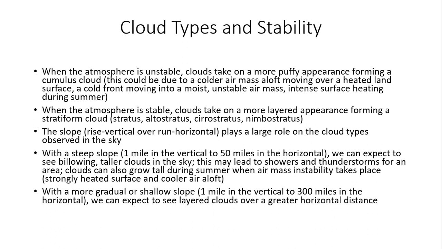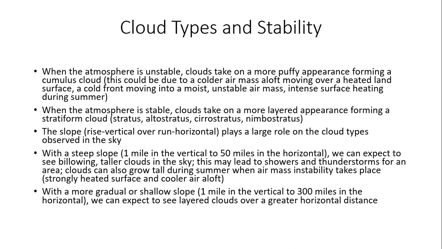The instability can also be caused by a cold front, with cold, dense air staying close to the Earth's surface, lifting warm, moist, unstable air ahead of it. Additionally, you get intense surface heating during the summertime as well. So there's a couple different mechanisms that cause instability of the atmosphere.